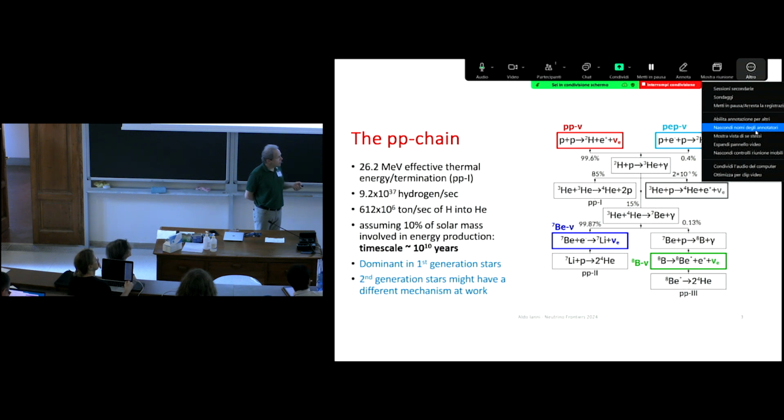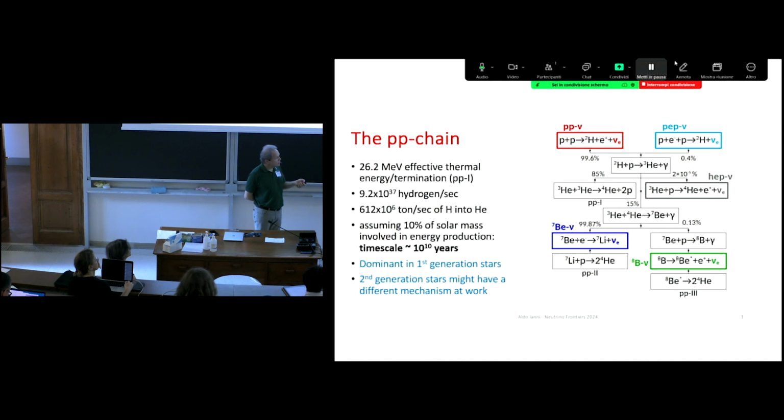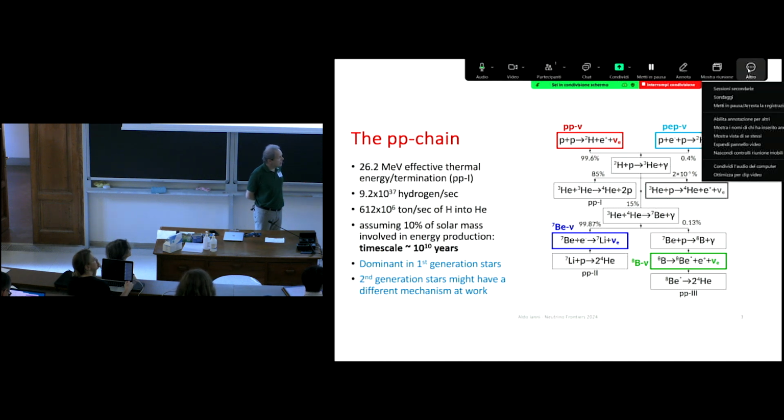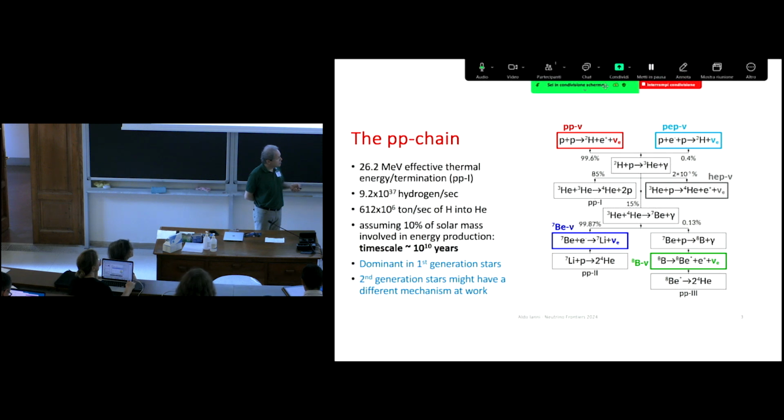These are well-known processes in terms of particle physics, so we can predict the energy spectrum of each of these produced electron neutrinos. In addition, there are different so-called terminations in this PP chain with different probabilities. The largest case is when you produce two helium-3 nuclei which are producing helium-4.